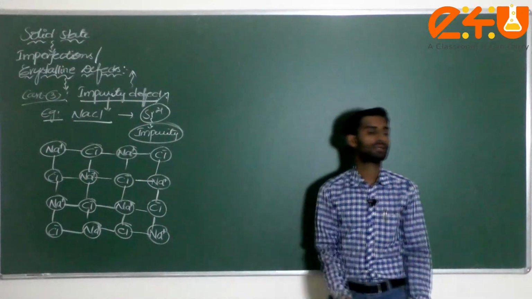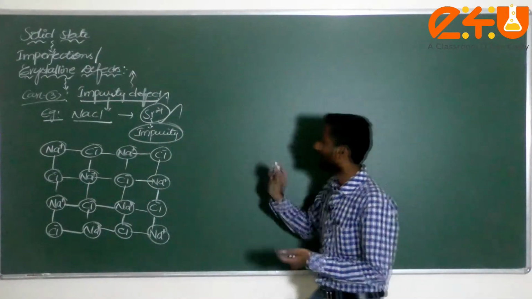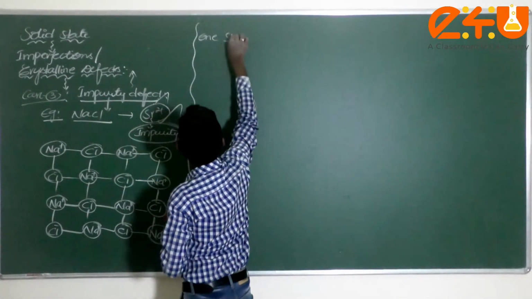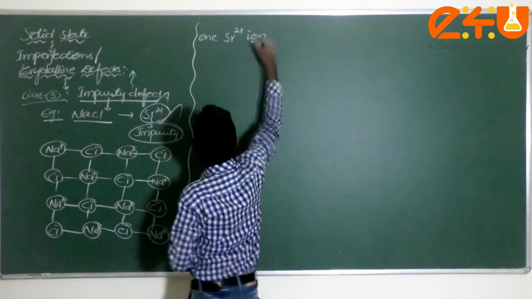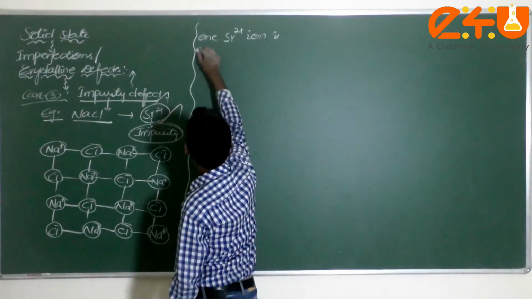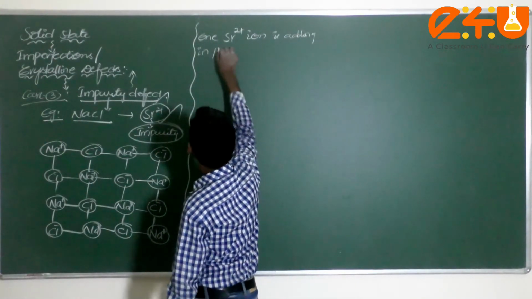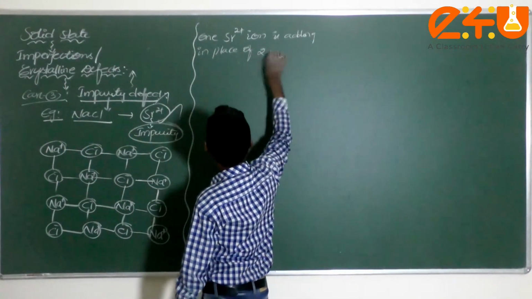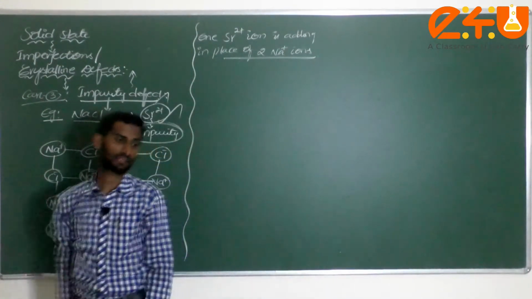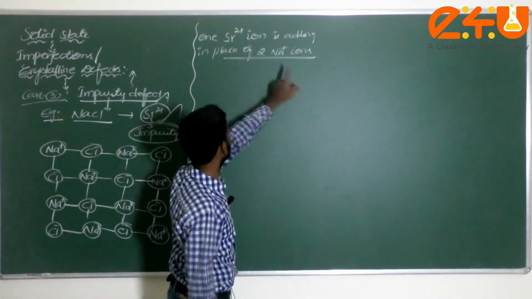We are going to introduce some impurities, Sr2+ strontium ions. This is a very important thing: one Sr2+, which is the impurity, is added in place of 2 Na+ ions.